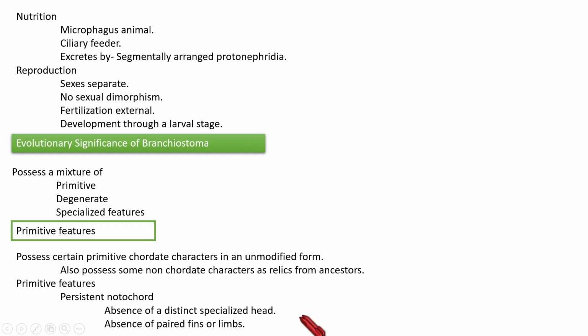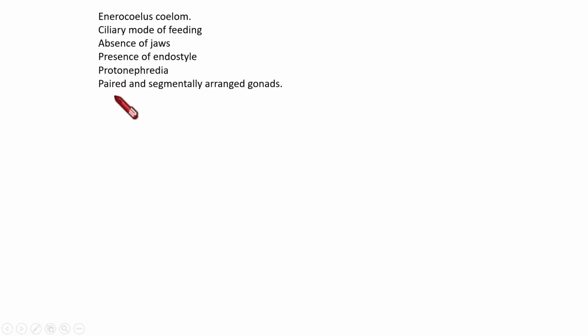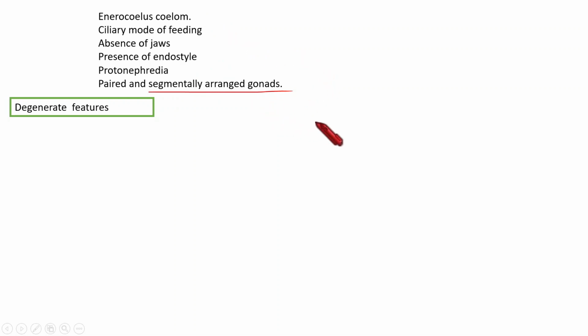There is no specialized head and absence of paired fins or limbs. Then enterocoelous coelom, that is a primitive feature. Ciliary mode of feeding is a primitive feature, and absence of jaws, of course, is another primitive feature. Presence of endostyle and protonephridia for the purpose of excretion. Then last one, paired and segmentally arranged gonads. That's another primitive feature it possesses. So, those are the primitive features of this Branchiostoma or Amphioxus.